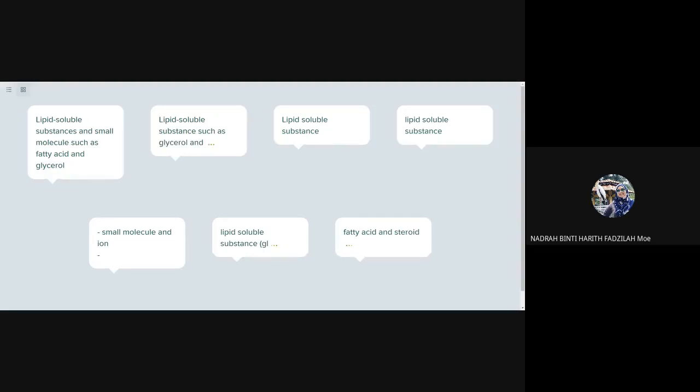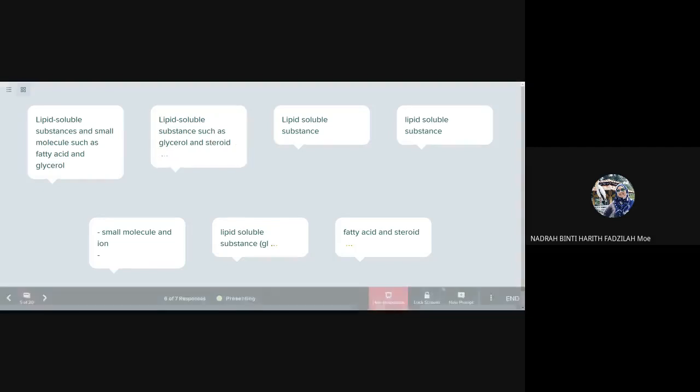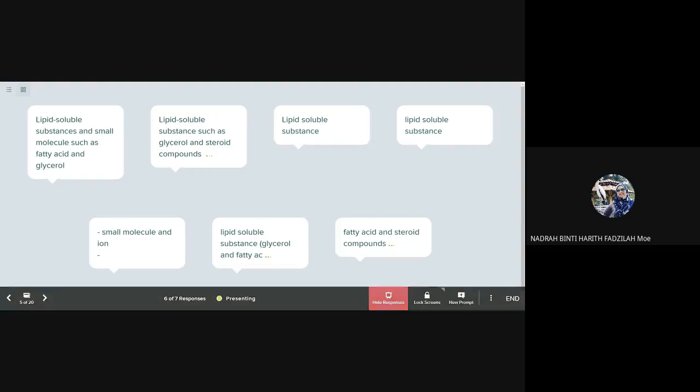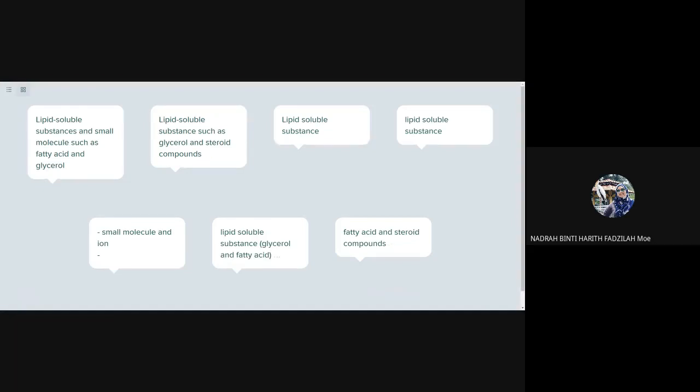Oh, Sarah Kamal. Okay, good. Dia soalan ni 2 level ya. Mula-mula kita bermula dengan apa tadi?